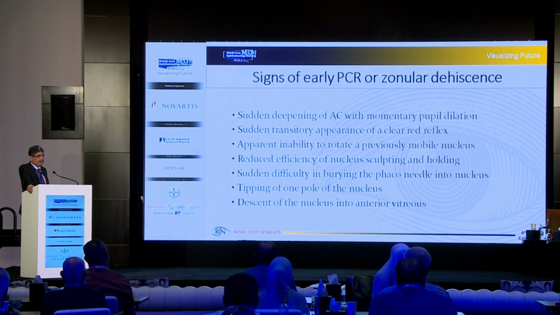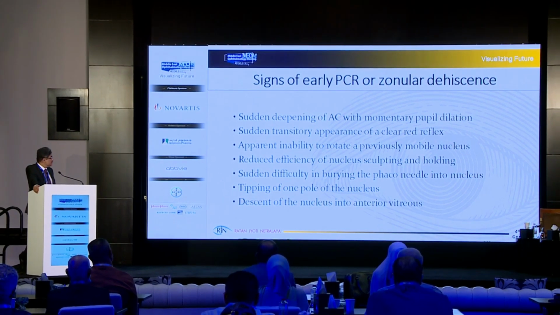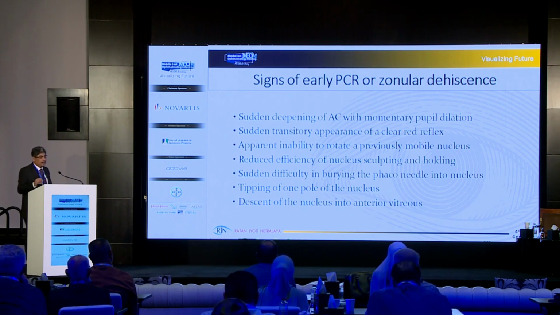Coming to the PCR, what are the early signs of zonular dialysis? There occurs sudden deepening of the anterior chamber with momentary pupil dilatation. That is one important thing, and usually we miss it, and we keep on continuing our procedure, phacoemulsification.